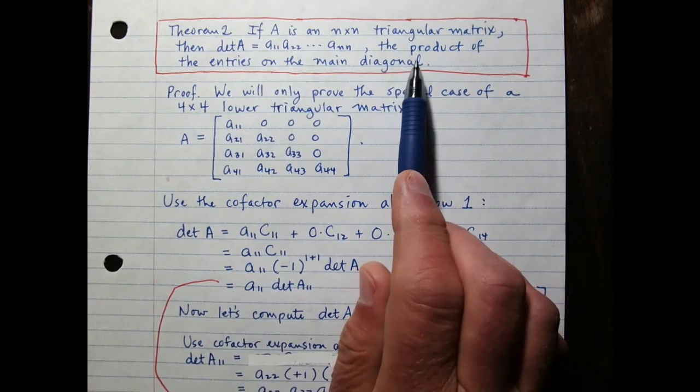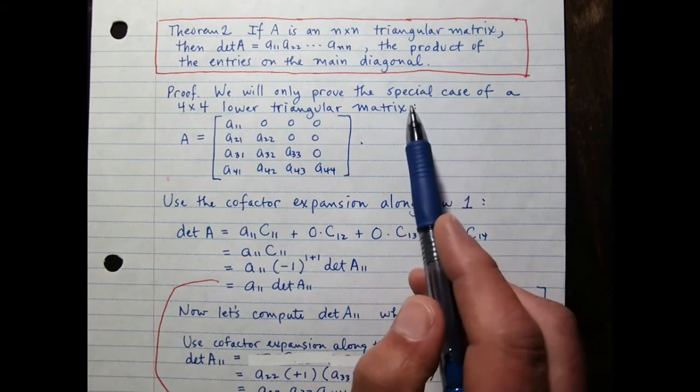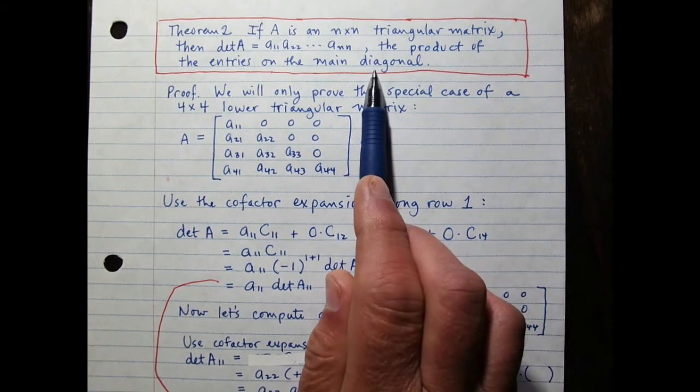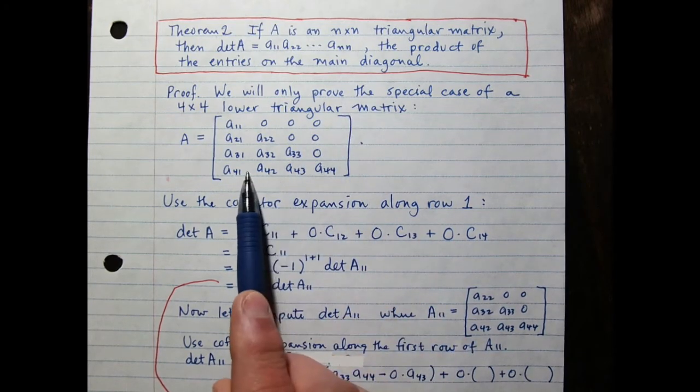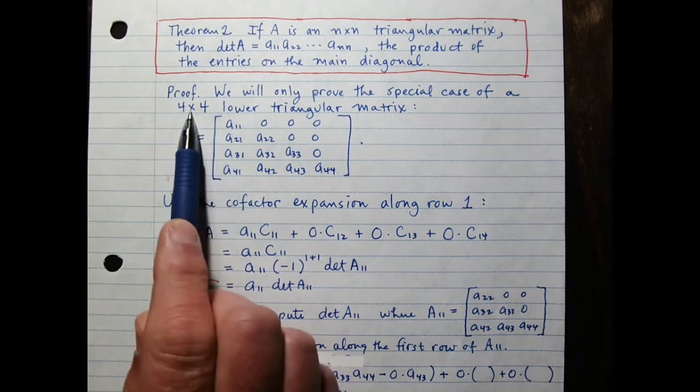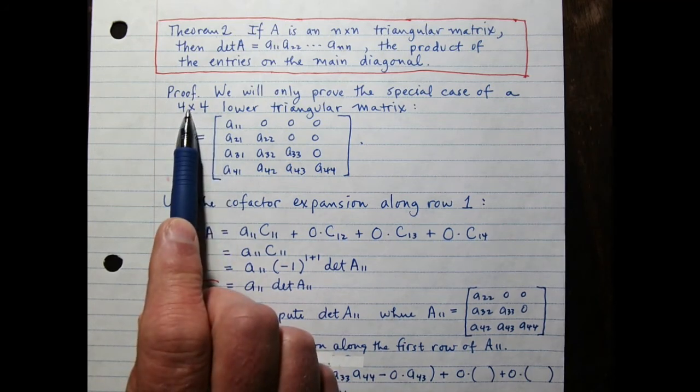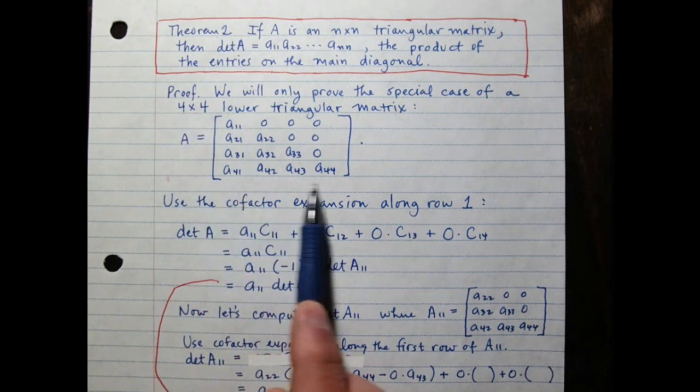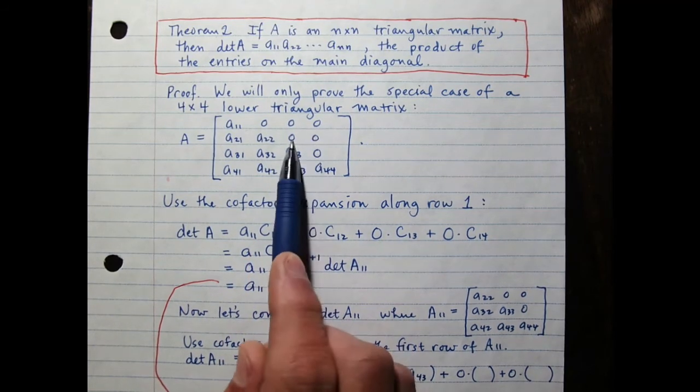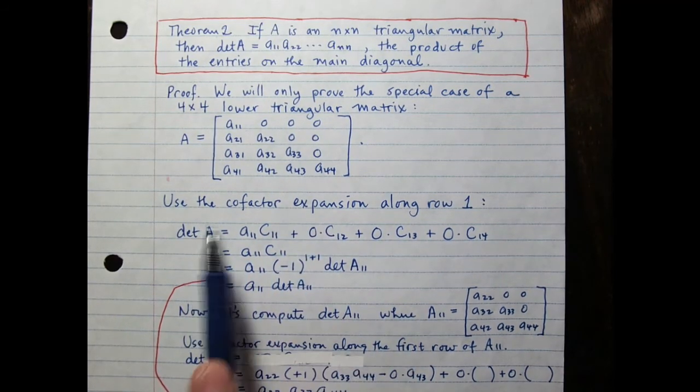So we love triangular matrices, or things even simpler than that, because it's so easy to calculate the determinant. For the proof here, I'm not proving it in general. I'm just showing what would happen with a 4 by 4 lower triangular matrix. It would look something like this, where I know I have zeros in the entries that are indicated.